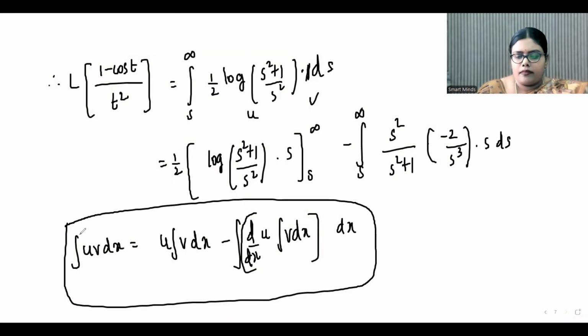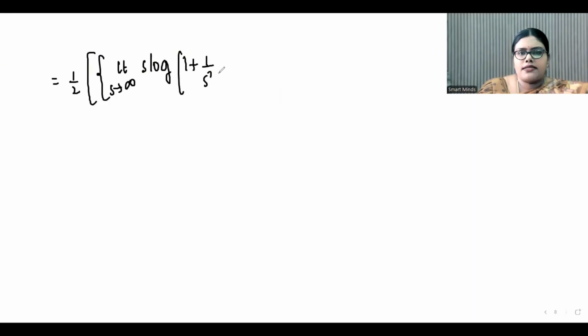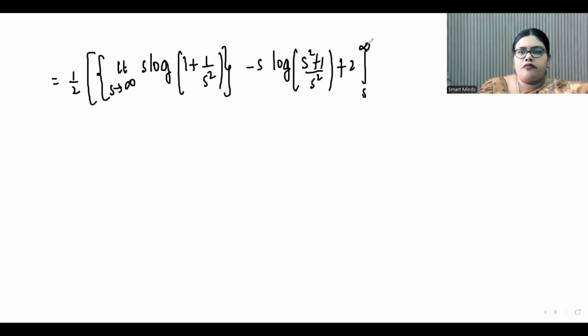So what will you get? On simplification, 1 by 2 into limit s tends to infinity s log 1 plus 1 by s square minus s log s square plus 1 by s square plus 2 integral s to infinity 1 by s square plus 1 ds.